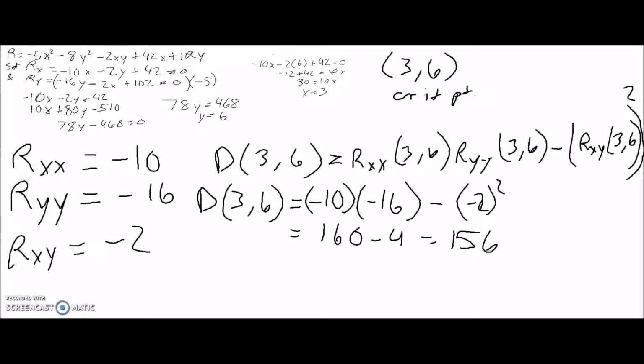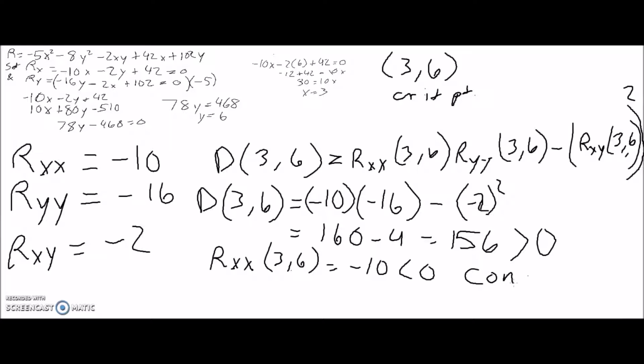Since it's equal to 156, and that's greater than 0, we can continue on. And we know that R sub xx, or R sub yy, it doesn't particularly matter which one you choose, at 3, 6 is equal to negative 10. Since negative 10 is less than 0, it is concave down.